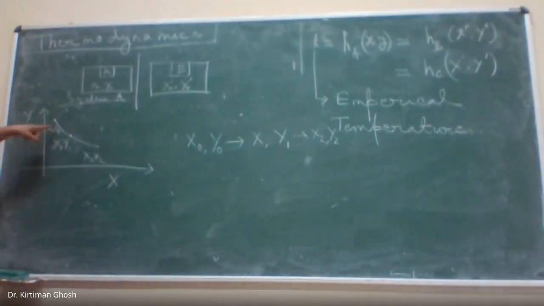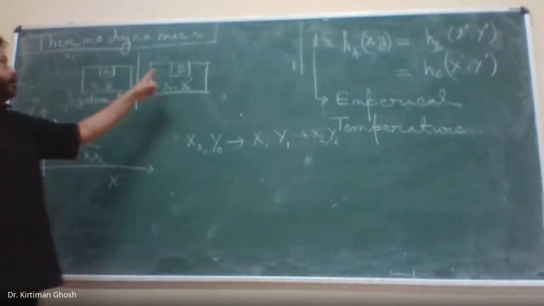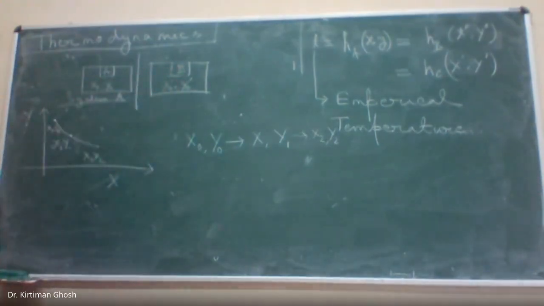So all these three states x0, y0, x1, y1 and x2, y2 are in thermal equilibrium with system B with state x0 prime and y0 prime. Three states of system A are in thermal equilibrium with another system. So I can say that all these three states are in thermal equilibrium with each other.